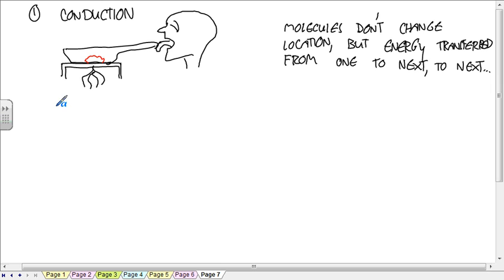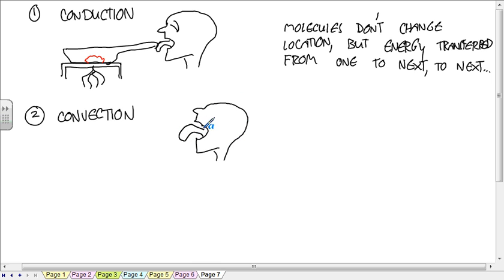The second way that heat is transferred is convection. So with convection, ooh, his tongue got a lot bigger. Maybe it's a different guy.